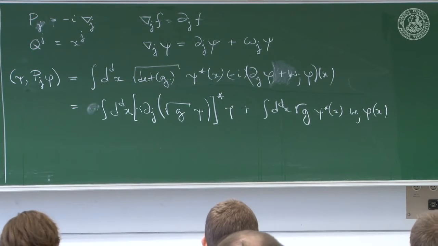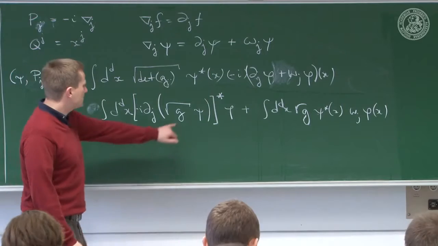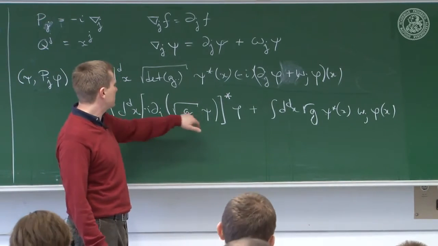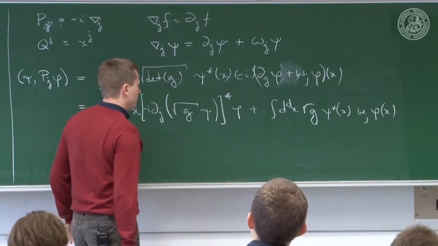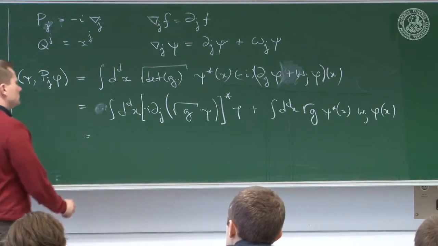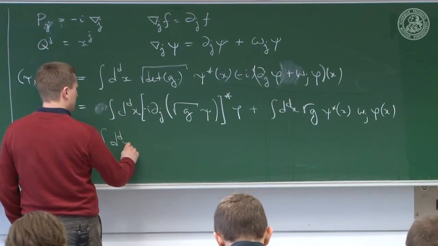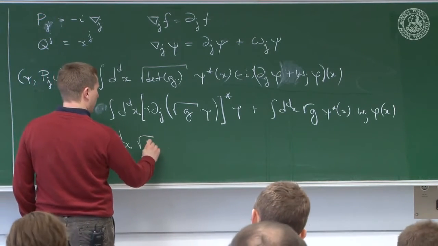So exactly the same idea as before now. We execute this derivative on this product here. Okay? And so we get integral d^d x square root of g.